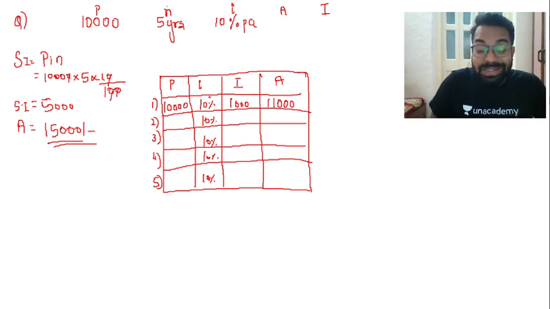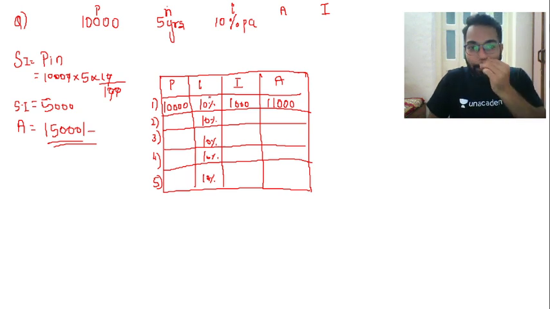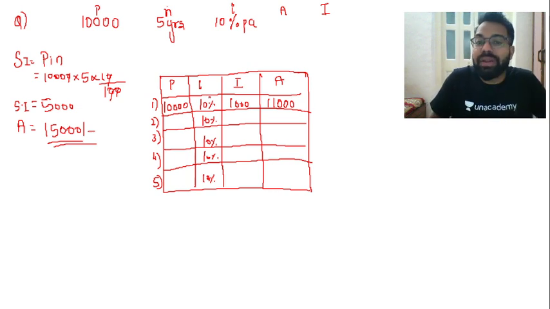The interest that you earn in the first year also gets added to your original principal, and henceforth every year the interest you've already earned becomes part of the principal, and even that amount gives you extra interest.